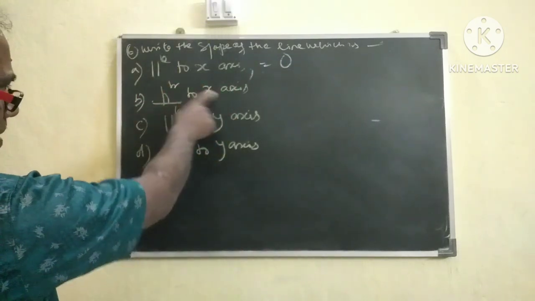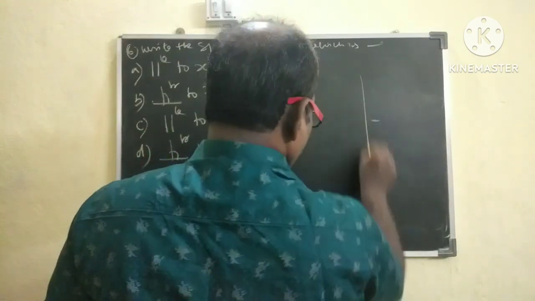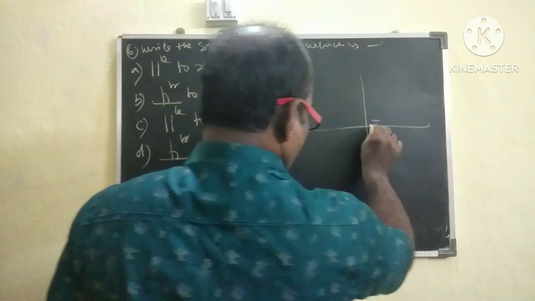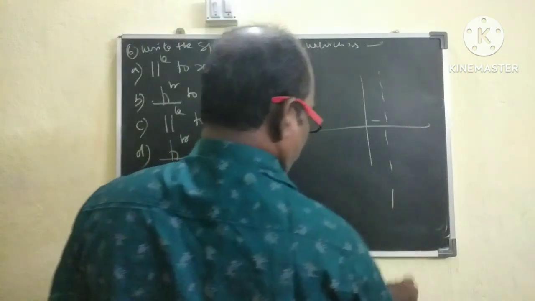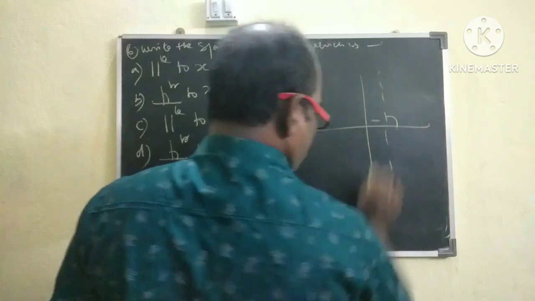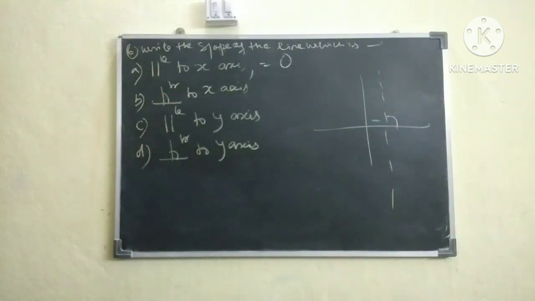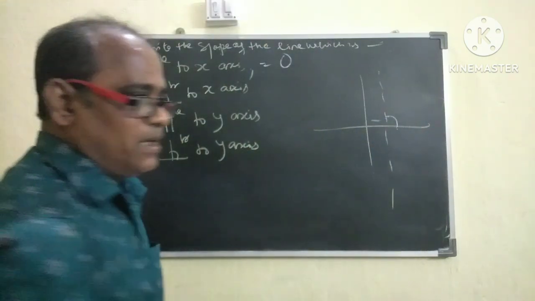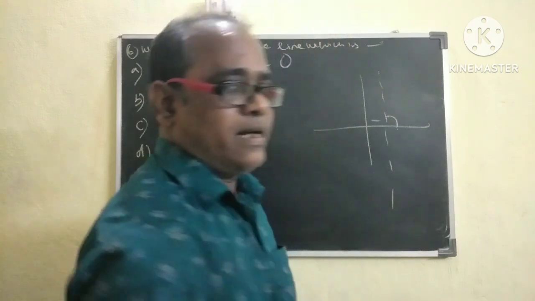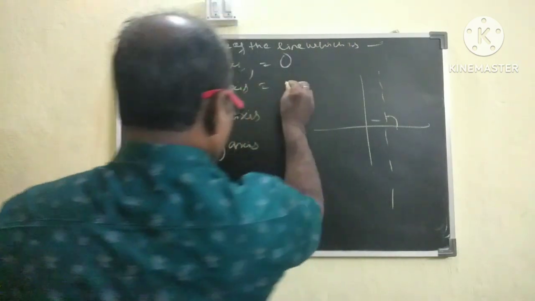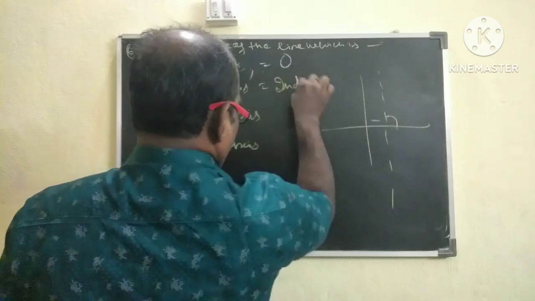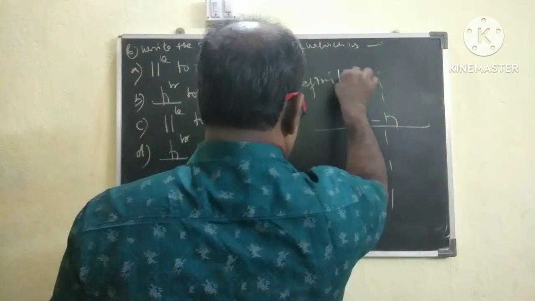Next, let us go with the perpendicular to x-axis. Let us again draw like this. So perpendicular to x-axis means it can be in this way. So this is 90 degree with a positive x-axis. Tan 90 is equal to sin 90 by cos 90, and sin 90 is 1 and cos 90 is 0. So it is indefinite. You can write down here indefinite.